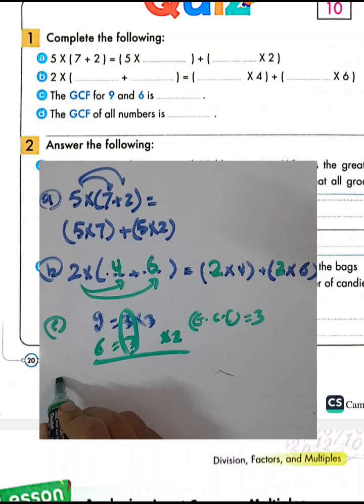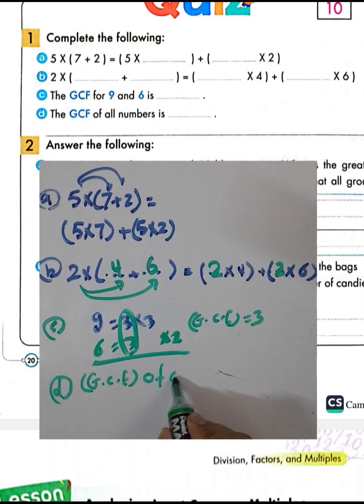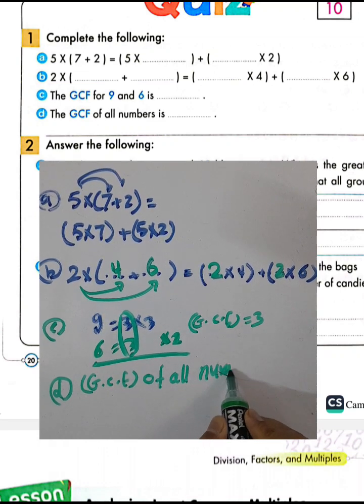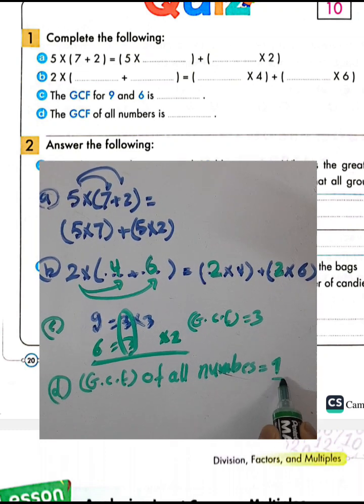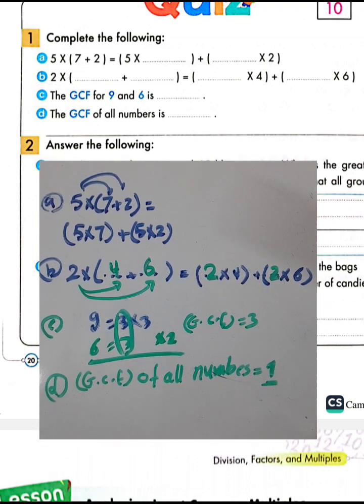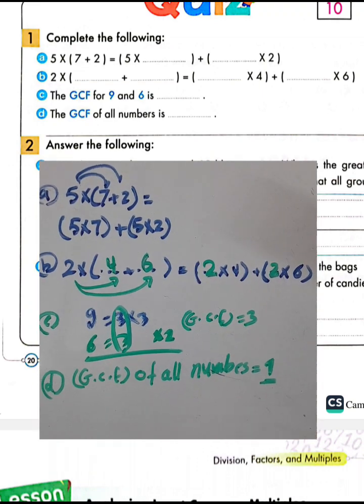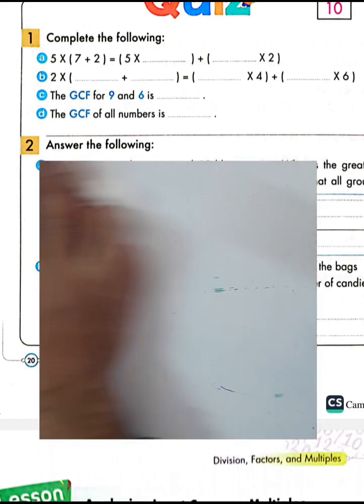Question letter D, the greatest common factor of all numbers. It will be 1 because any number can be divided by 1. So the highest common factor between all numbers will be 1. Understood? Next question.